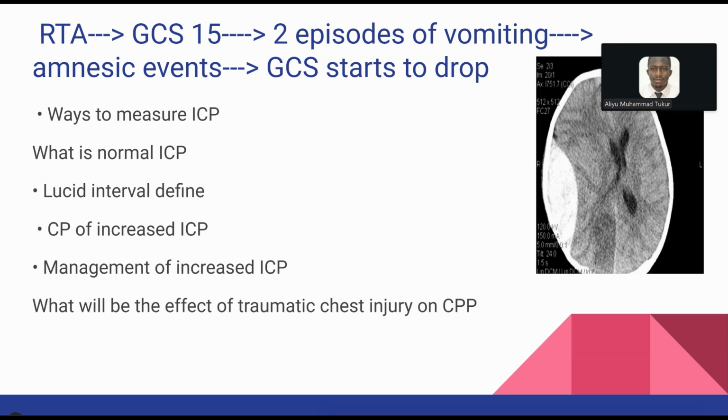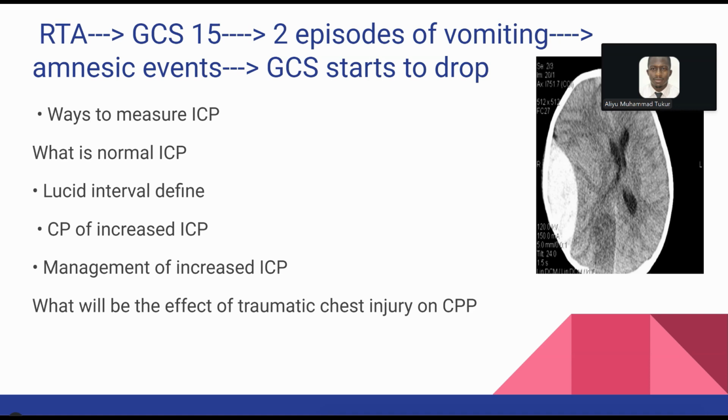Okay, so can you explain what is lucid interval? Lucid interval is an interval between the initial loss of consciousness after trauma and the subsequent deterioration in level of consciousness, a period of about 30 minutes to 1 hour.